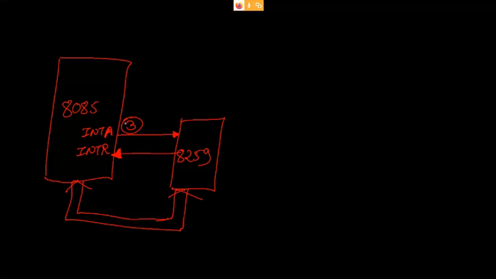So when the first INTA is released by 8085, the 8259 loads the opcode for call. After receiving the opcode for call, 8085 understands that two more INTAs must be released. So it releases the second INTA.